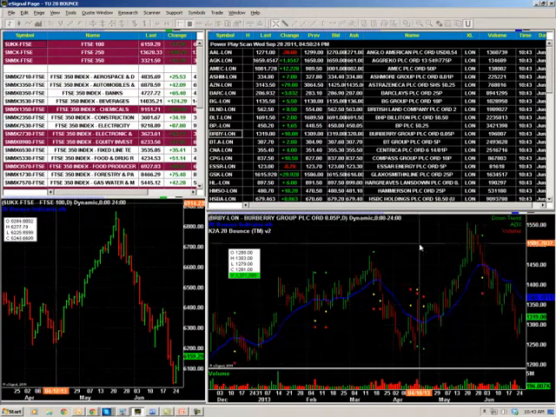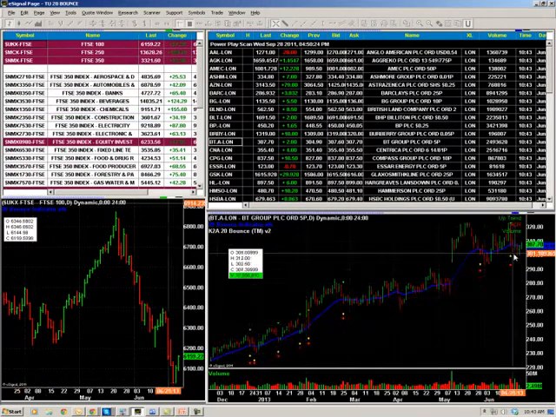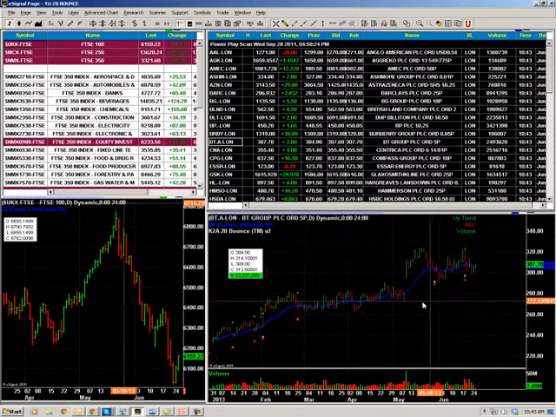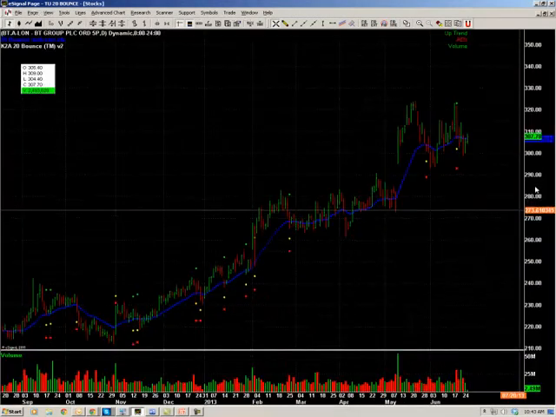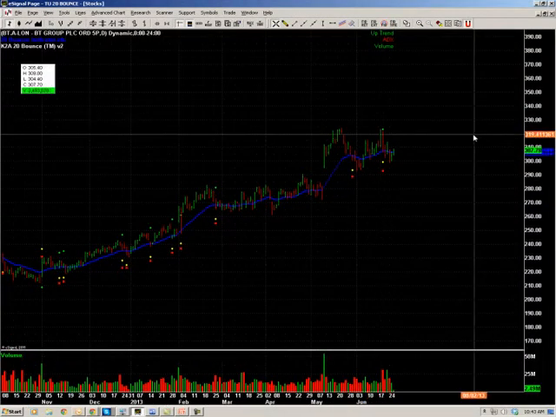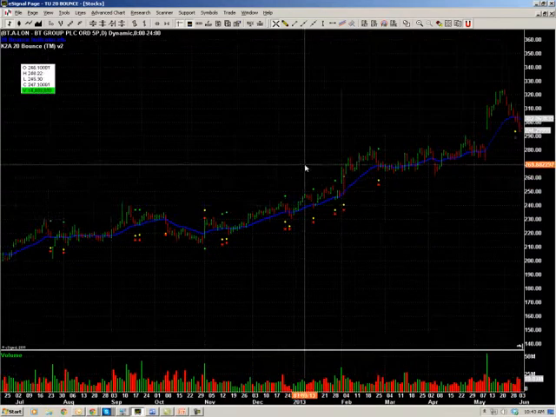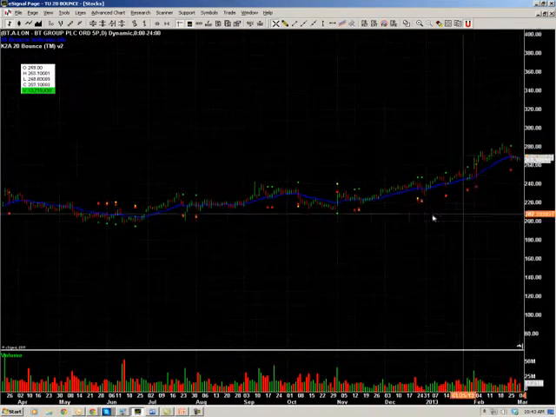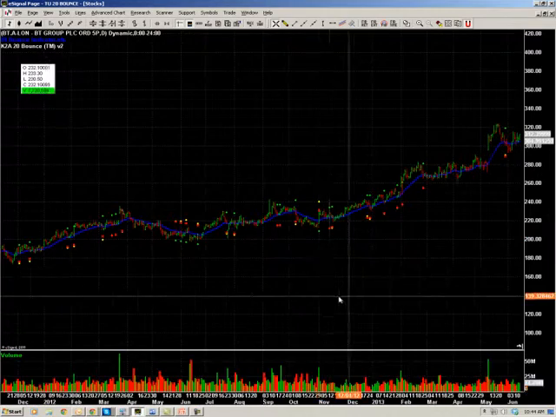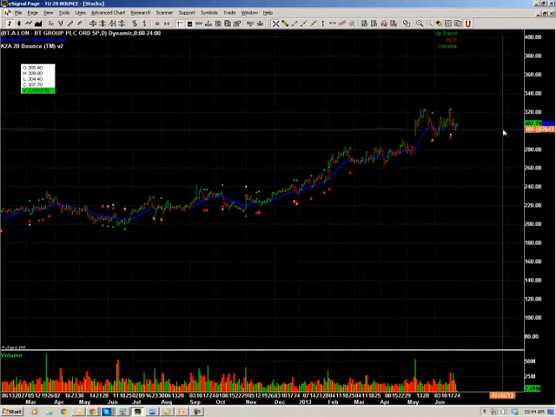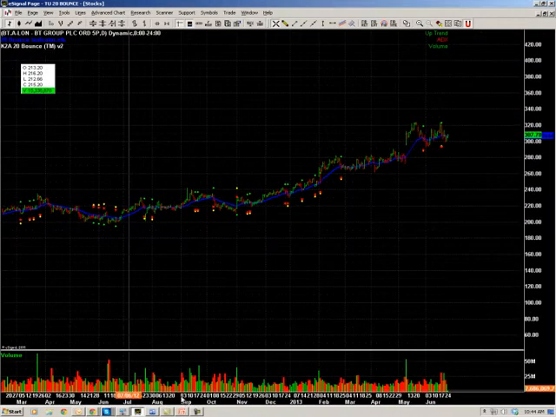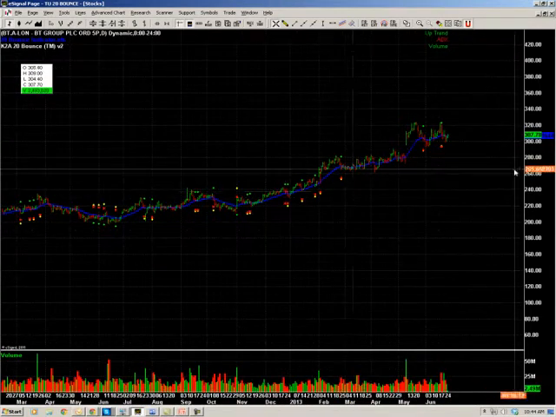Burberry. Nothing there. BT. BT's been going up for a while, giving 20 bounces over and over again on power plays. I was actually buying BT for a while, being in and out, in and out, in and out.